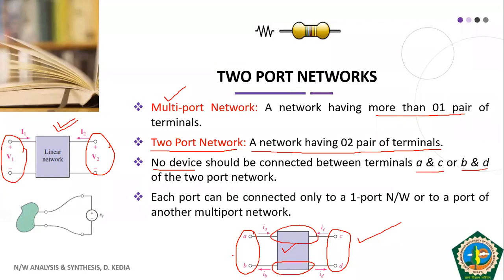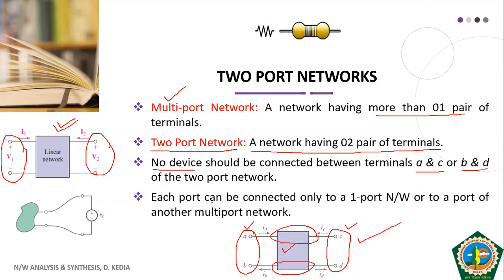The connection will be made only with the terminals present at the input and at the output. Okay, I hope these things are clear, and dear students, you need to understand this concept, only then will you be able to appreciate the concept of two port network.